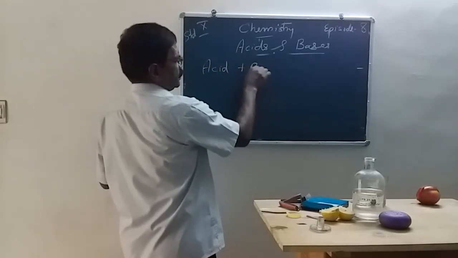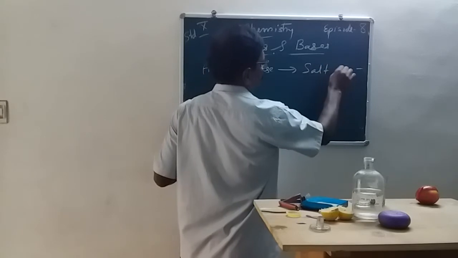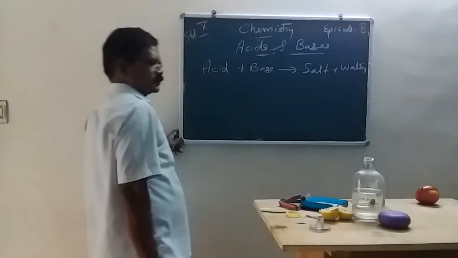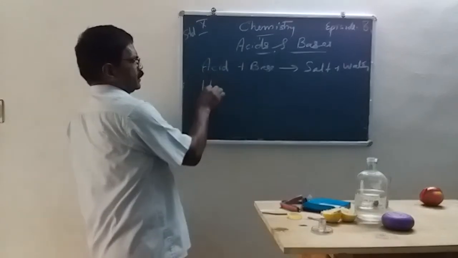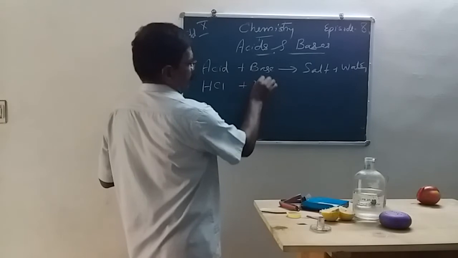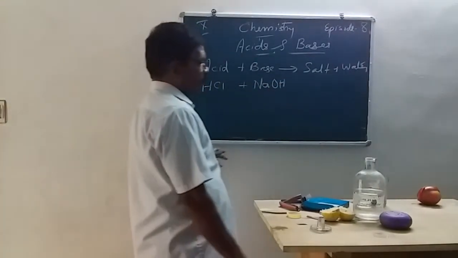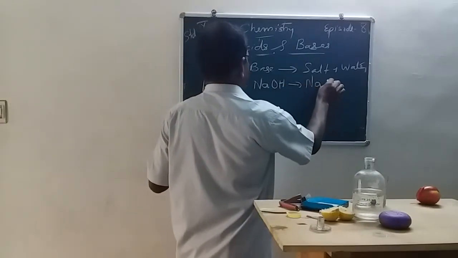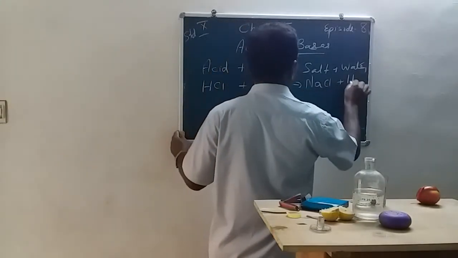Acid plus base gives salt plus water. For example, HCl plus NaOH, sodium hydroxide, gives NaCl plus H2O.